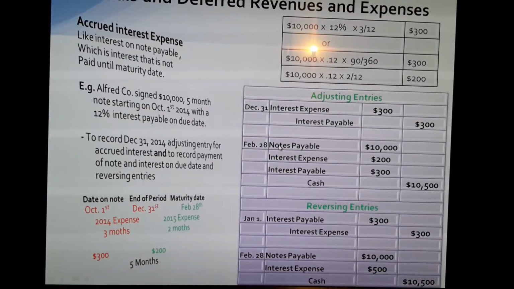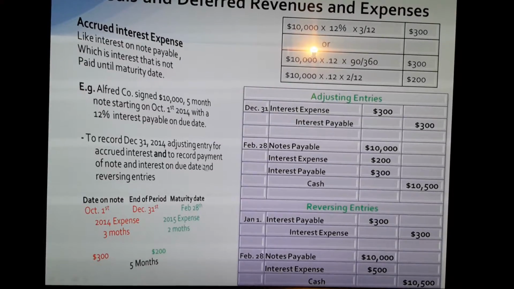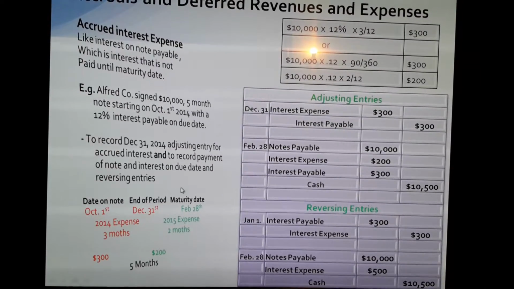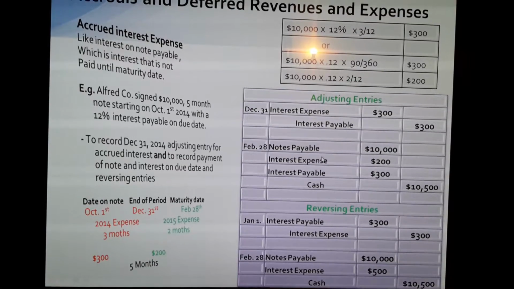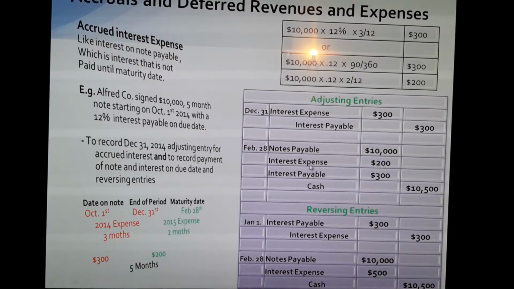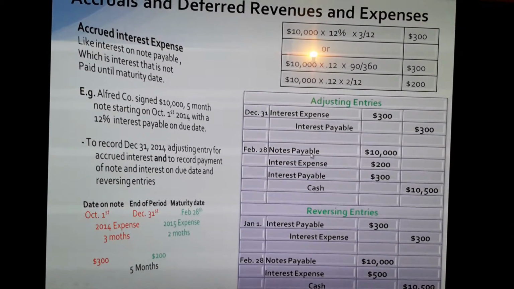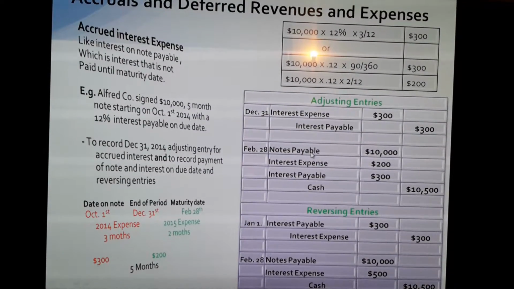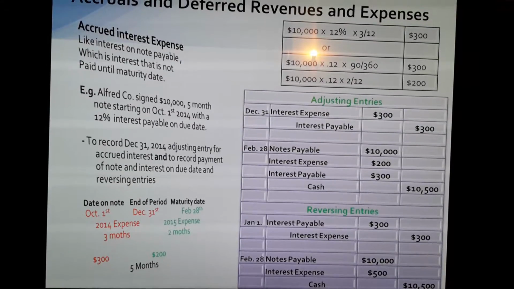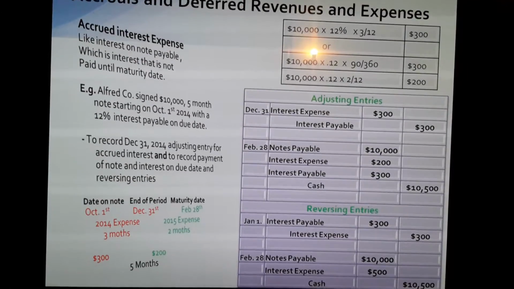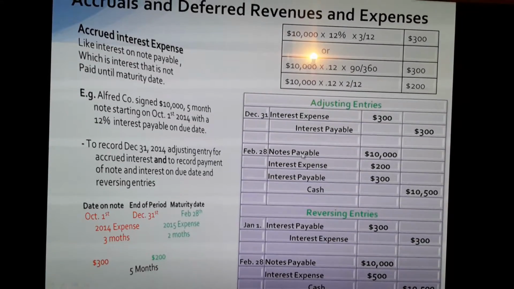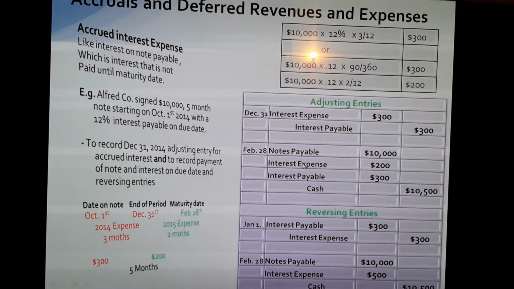So what happened on February 28th? This looks like a payment of the note. Remember, when you took the note payable, it was a credit, and now when you are paying it, you have to debit it, with the interest.